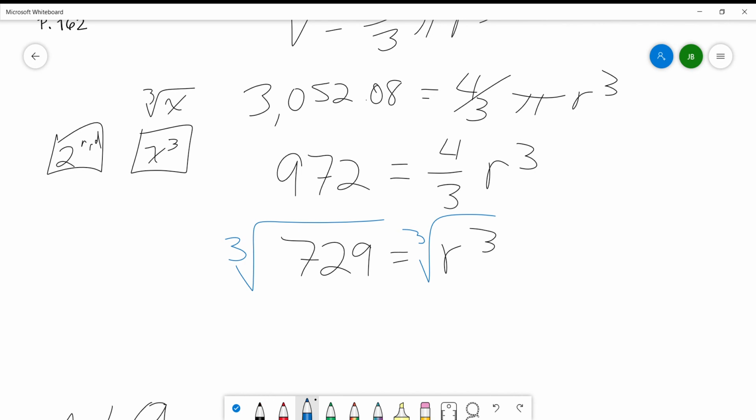It'll usually be in a different color on your calculator. Otherwise, I'll show the way that will work on 100% of your calculators.